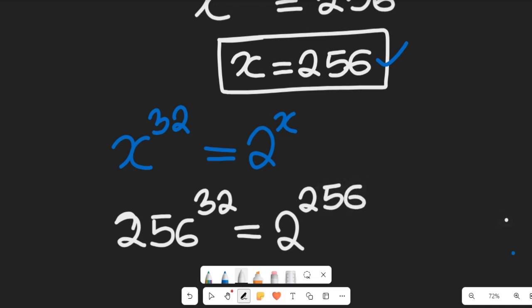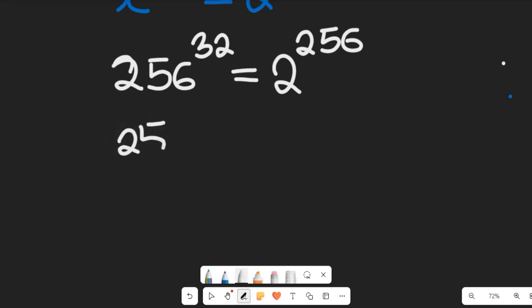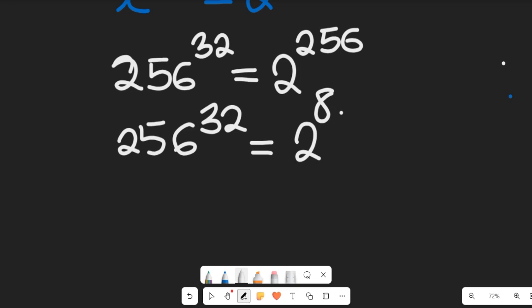Now if we simplify that, will they be equal? We can find the factor of 256, and that will give us 8 multiplied by 32.